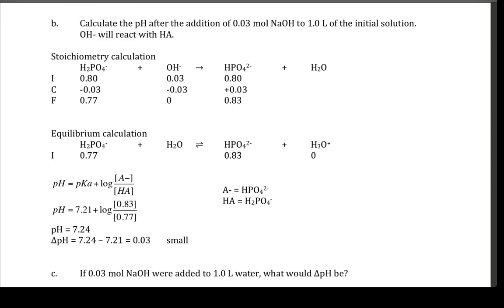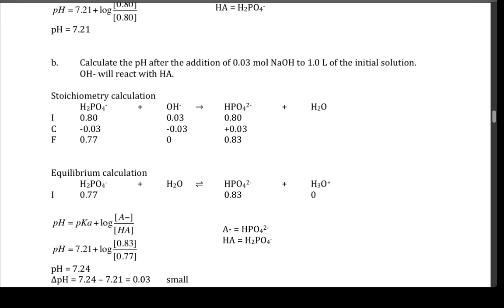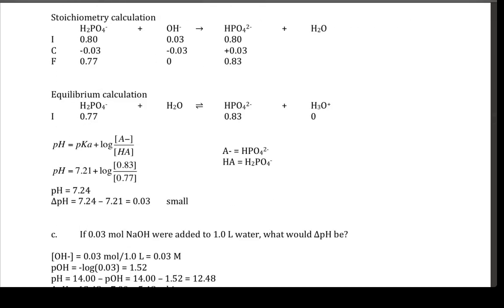So we have pH equals 7.21 plus the log of 0.83 over 0.77, and we find the pH is 7.24. So it's gone up a little bit from what it was before. Before it was 7.21. It's gone up a little bit, and that's because what we have added is base. The change in the pH is 7.24 minus 7.21, or 0.03, and it's a small change.